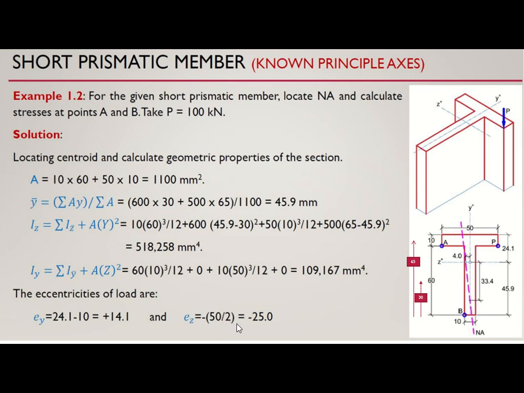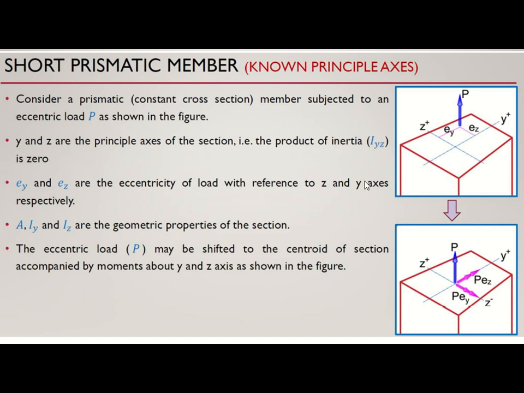Ex and Ey are the same as before. We have calculated 50 into half. Basically Ey is the vertical distance and Ez is the horizontal one, which we can say is the third axis, which is half of 30 from this. We have also discussed the eccentricity here.